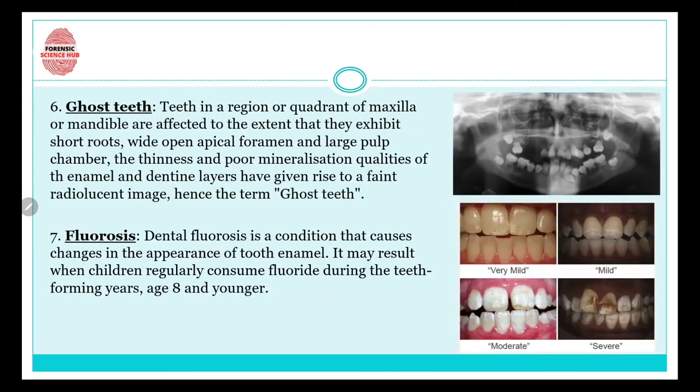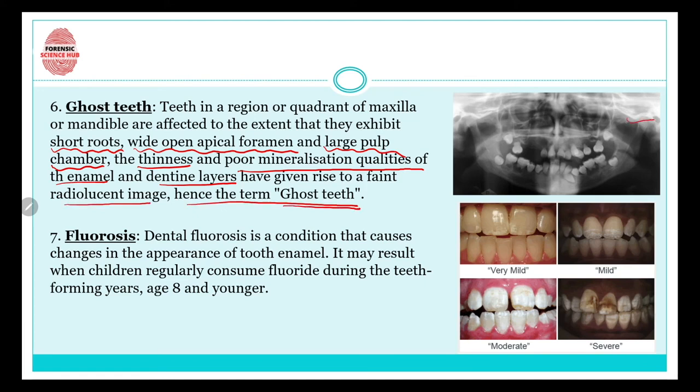Next, moving on to ghost teeth. Teeth in a region or quadrant of the maxilla or mandible are affected to the extent that they exhibit short roots. So ghost teeth have short roots, wide open apical foramen, and very large pulp chamber, then poor mineralization of the enamel and the dentine layers, and they give rise to a faint radiolucent image, hence the term ghost teeth.